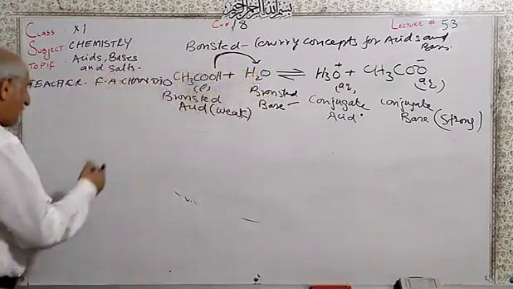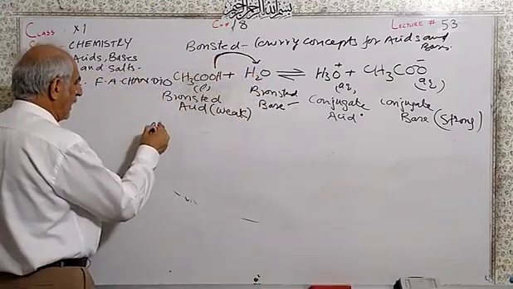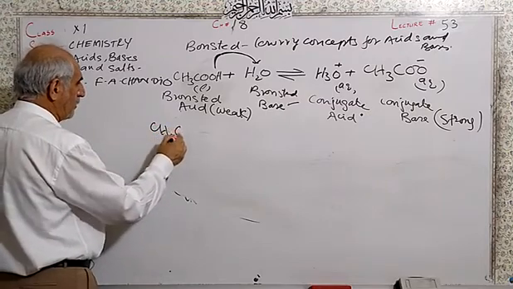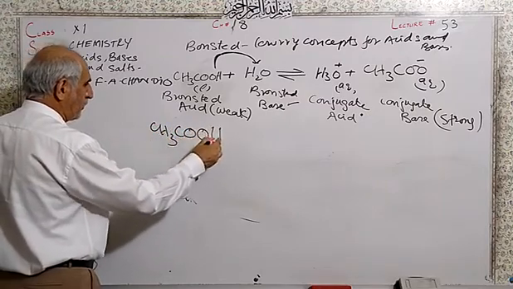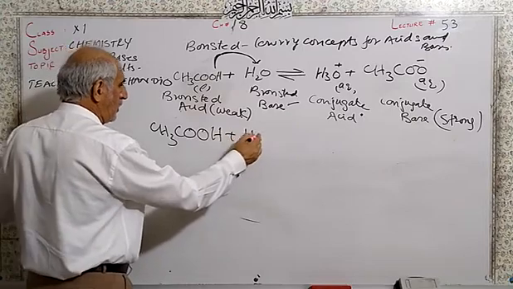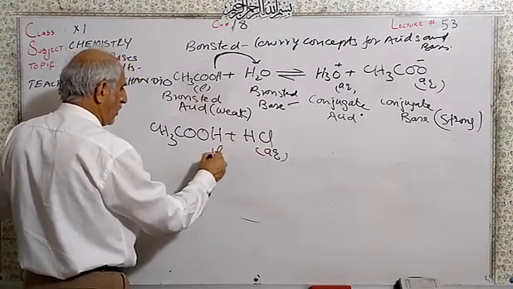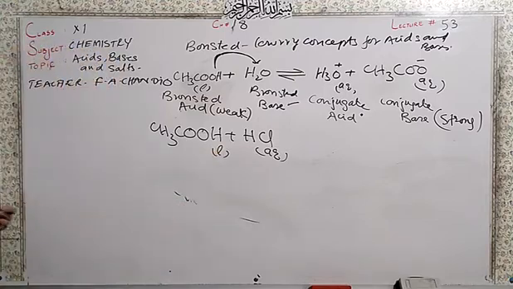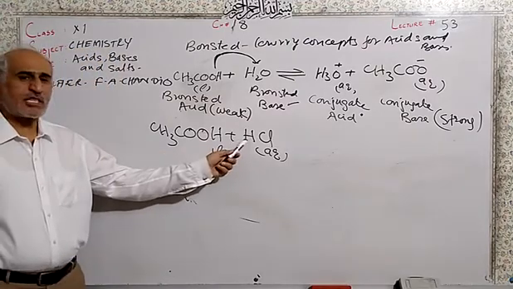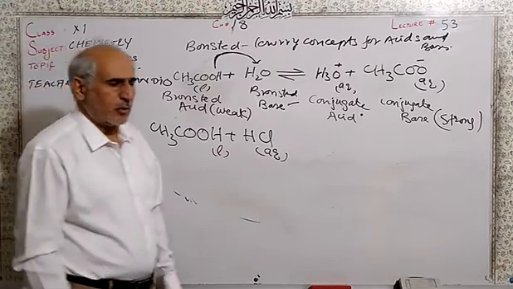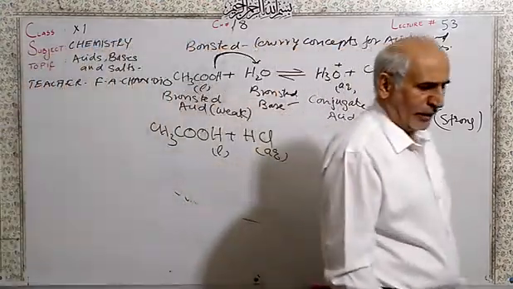Dear students, acetic acid also acts as an amphoteric, like this one. Hydrochloric acid is a very strong acid. Its pKa value is very, very low indeed.